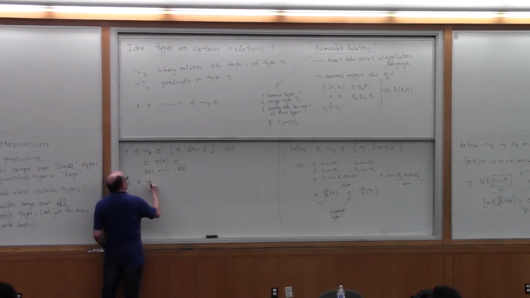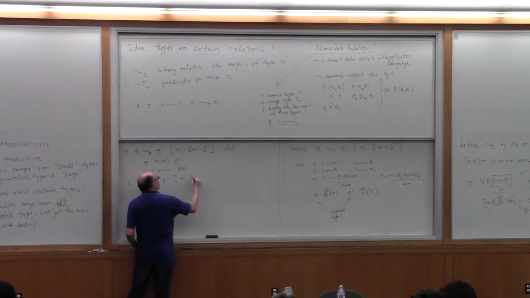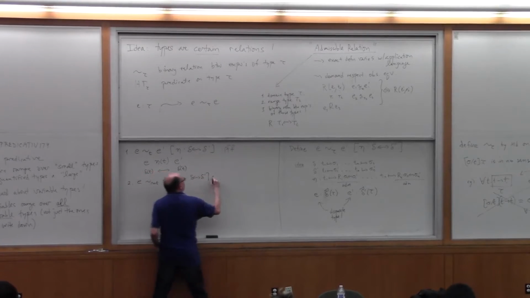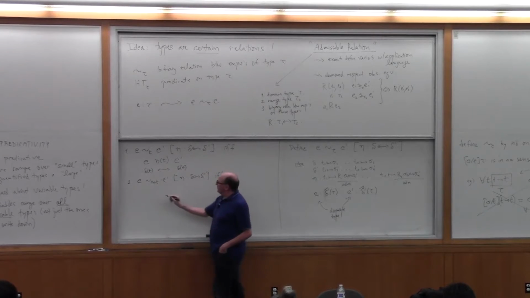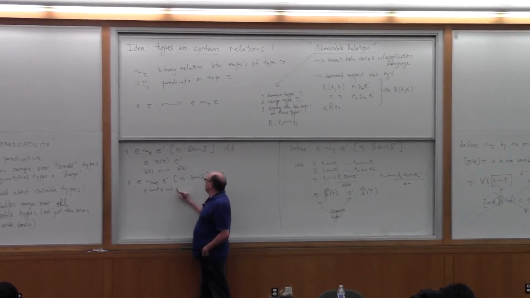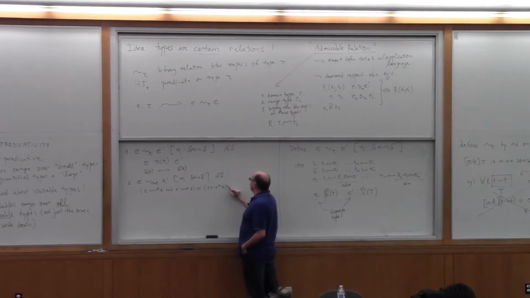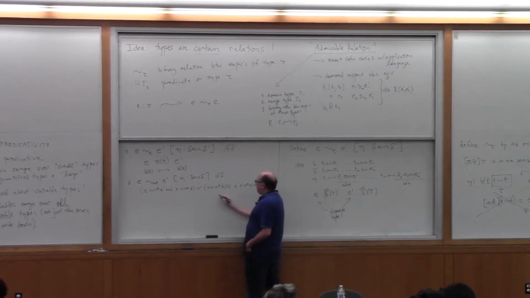Second, what do we do at nat? Well, we behave exactly like we did before. E evaluates to zero and E prime evaluates to zero, or E evaluates to the successor of E1, E prime evaluates to the successor of E1 prime, and they're related at nat, E1 with E1 prime, with the same data.